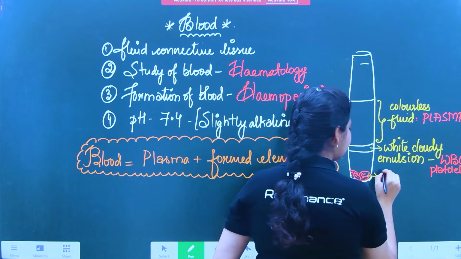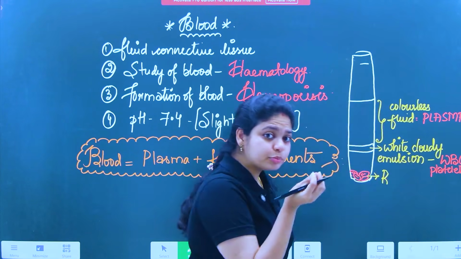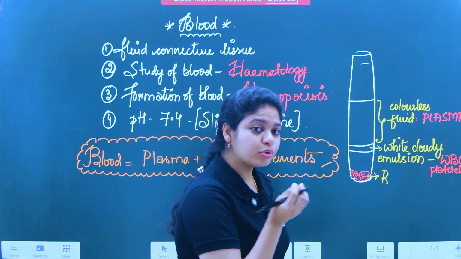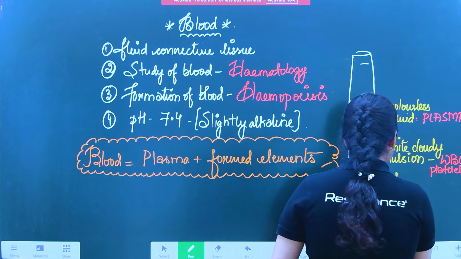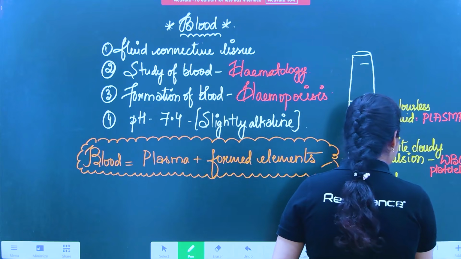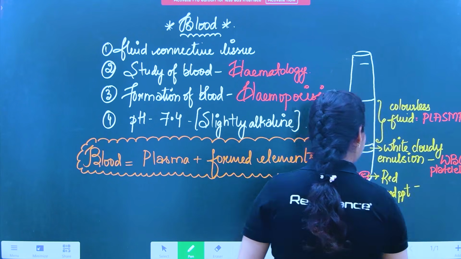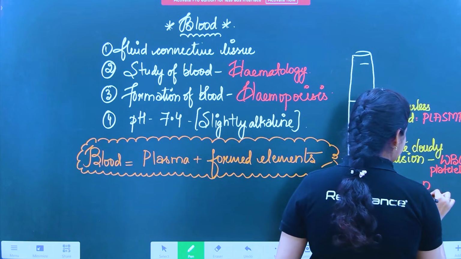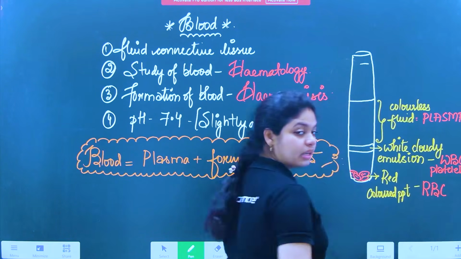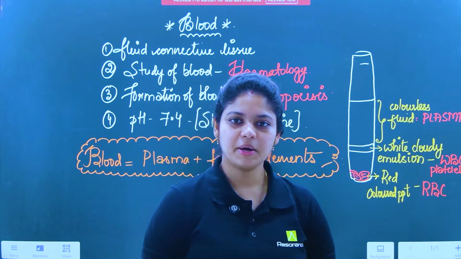Last, if you see at the bottom of the tube, there is a red colored precipitate, which is nothing but RBC.